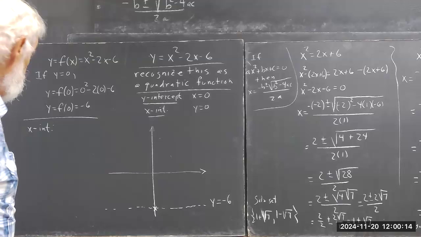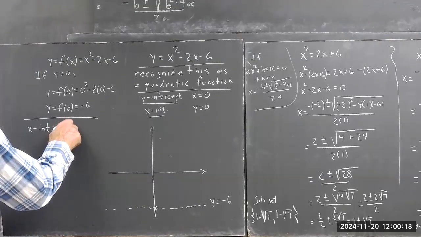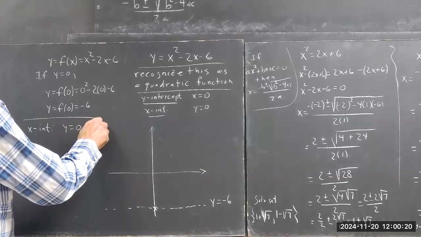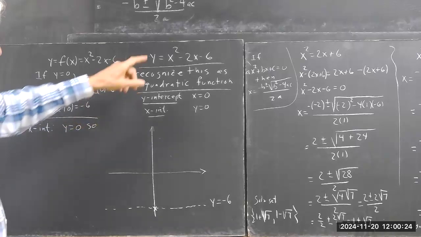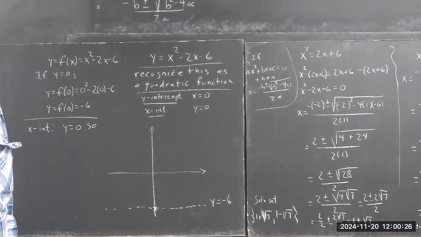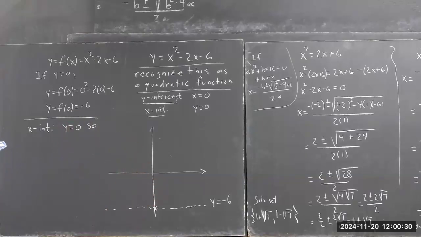It's 0 here. X-intercept. Well, if we take this equation and replace y with 0, what do we get? Write it out for me, please.